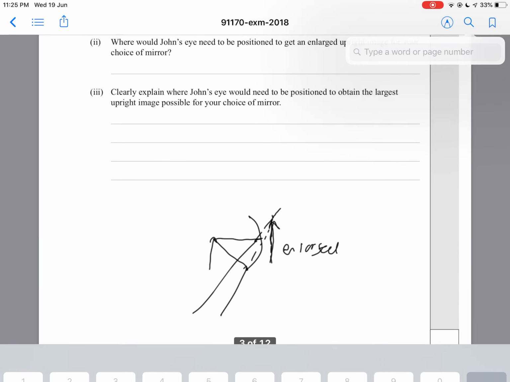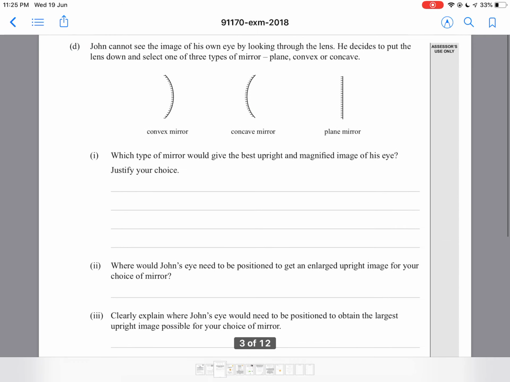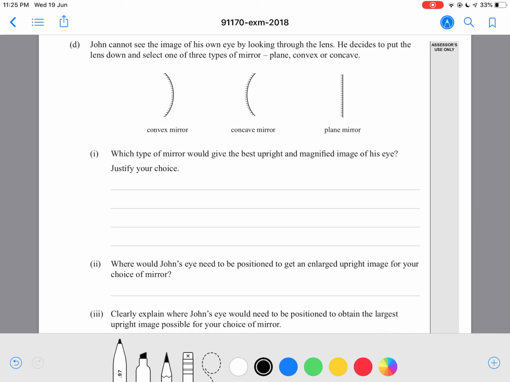Which type of mirror? We'll say that the concave mirror is the best choice. A concave mirror is needed.